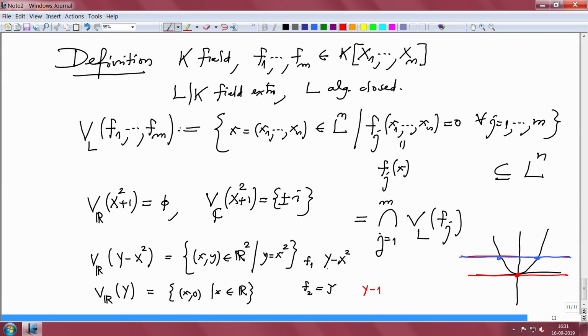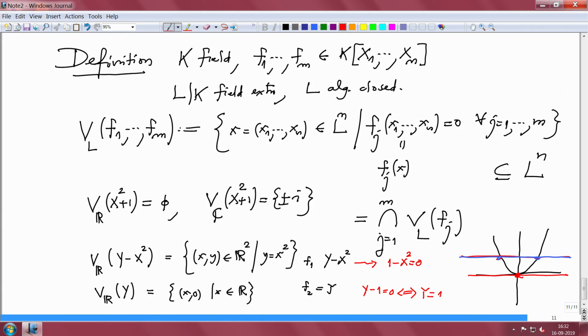You put y equal to 1 in this, that is the same as checking y minus 1 equal to 0, and when you put y equal to 1, the equation gets transformed to 1 minus x square equal to 0. We are looking for the solutions here. So therefore there are two solutions. Otherwise, you put y equal to 0 in the equation and then you get x square equal to 0. But x square equal to 0 means x is 0, but that will come twice.